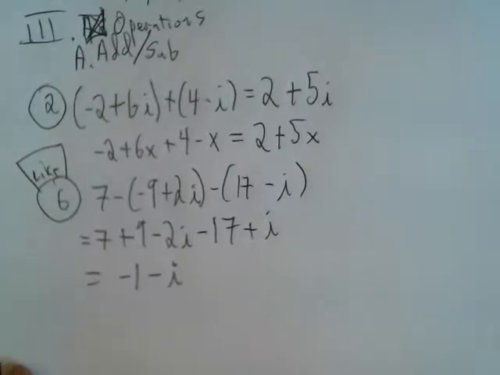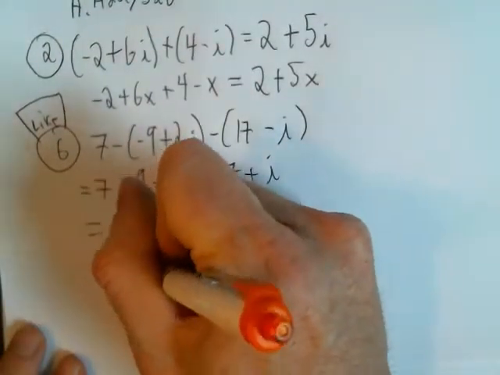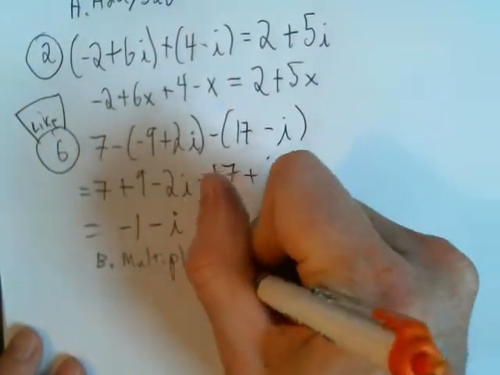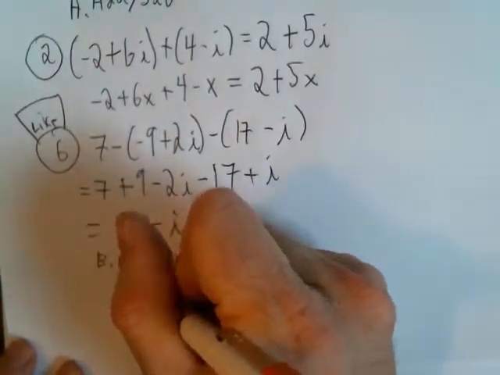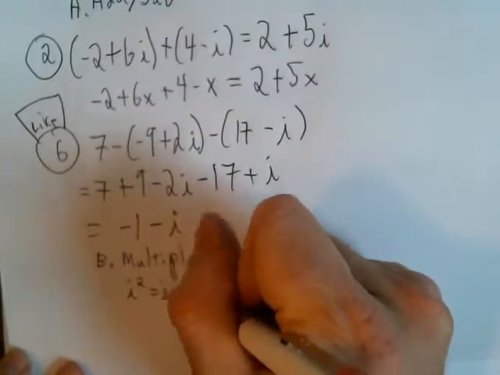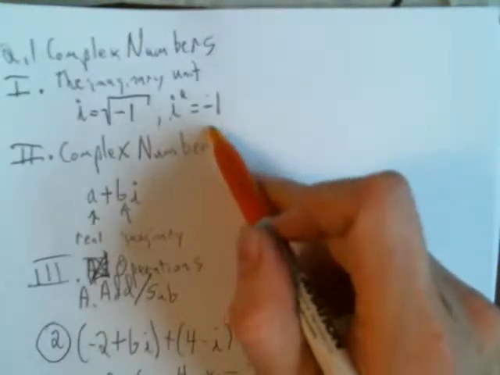Okay, so that's right. Multiplication then is kind of the same deal, except you can simplify i squared. So just remember, if you have an i squared resulting, in other words i times i, that's going to be equal to your -1 from the definition above.